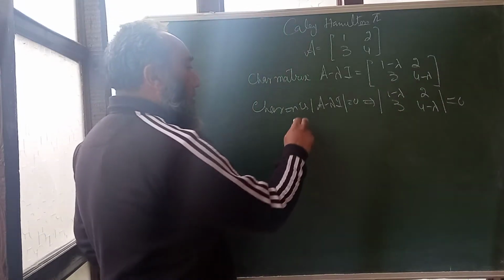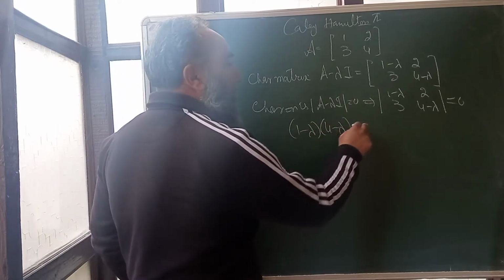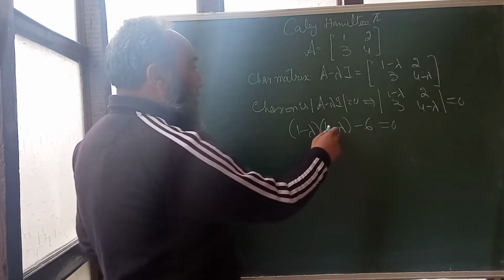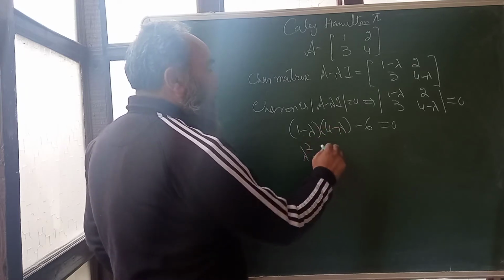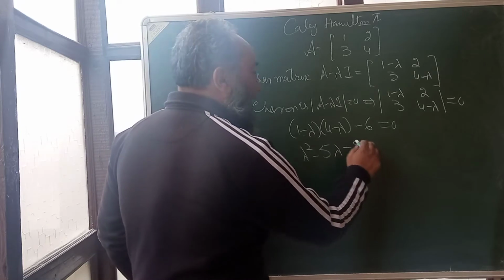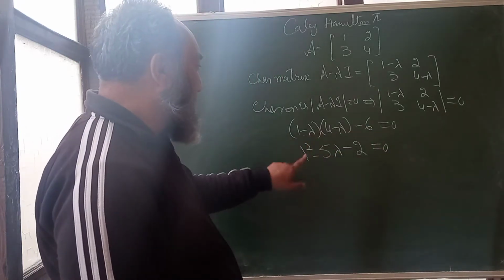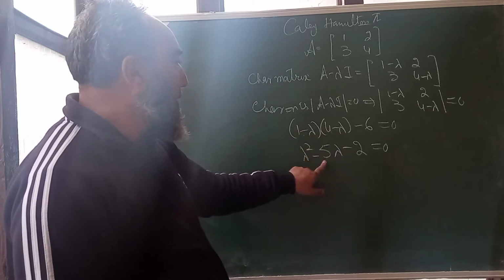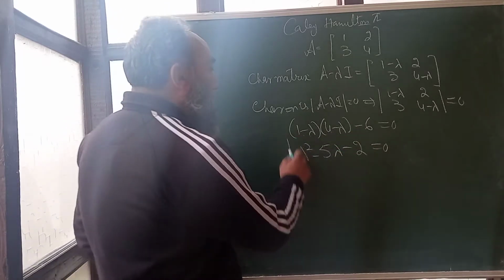Or (1 minus lambda)(4 minus lambda) minus 6 is equal to 0. Or this is lambda square minus 5 lambda plus 4 minus 6, which is minus 2, equal to 0. So lambda square minus 5 lambda minus 2 equals 0. This is the characteristic equation.